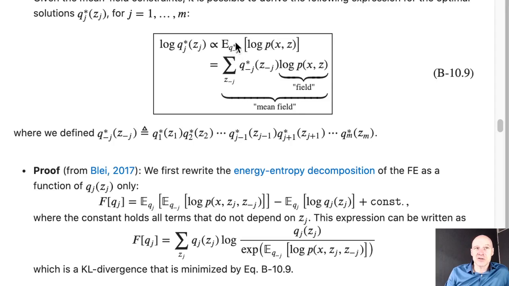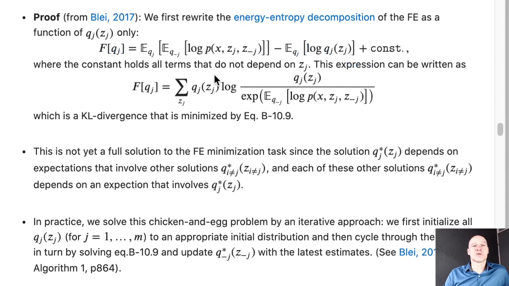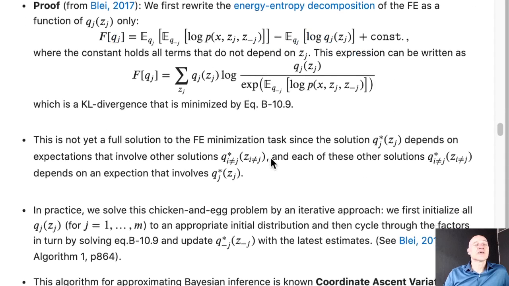And the solutions for the other variables are, again, by the same formula, a function of z_j. So there's sort of a chicken and egg problem. And what we have to do is just iterate through this: update for one variable, for another, and for another, and go around. And that works well.